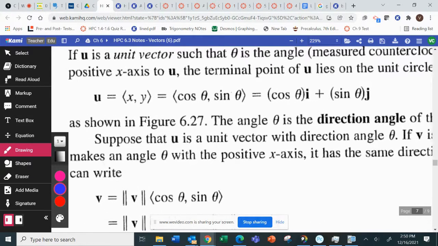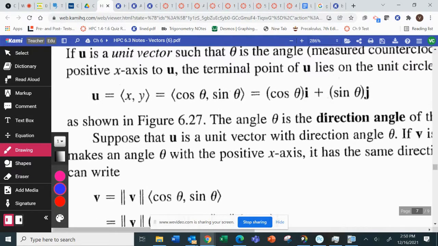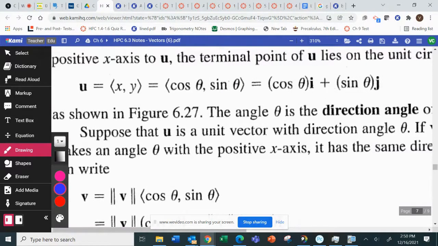So our unit vector is going to be x, y. The length of it is 1. All right. Because we know that x is cosine and y is sine, we can say that the unit vector is also cosine theta, comma, sine theta. In the unit circle, the x is the cosine, the y is the sine, right?